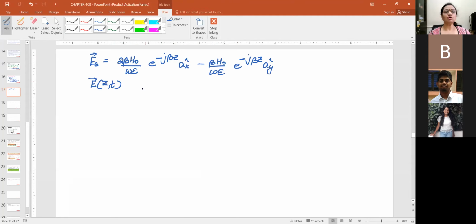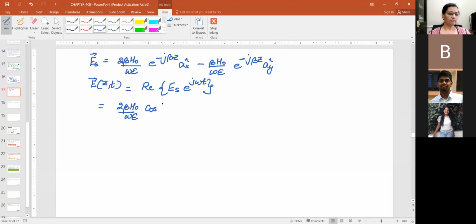representation. To do the harmonic representation, you know that it is the real part of ES e to the power of j omega t. Therefore, this will become 2 beta H naught by omega epsilon, and real part. So real part of e to the minus j is going to be cos.